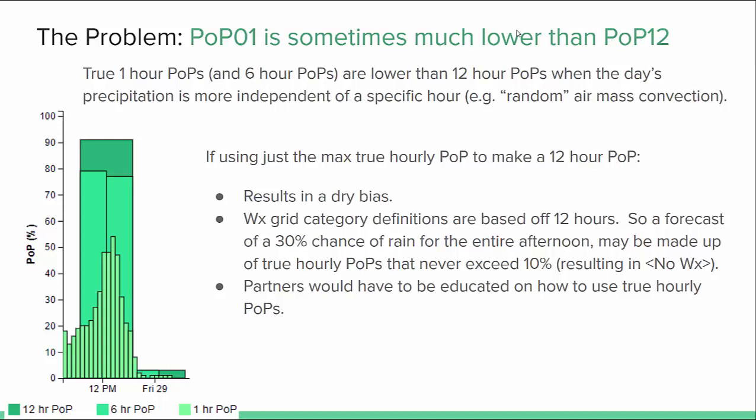But it's good information to pass on to customers. Notice too, we've been discussing the 1 hour pop, but the 6 hour pop applies as well. Note that the 6 hour pop in this example is 10 to 15% lower than that of the 12-hour pop, if you're looking at the maximum of the 6 hours.